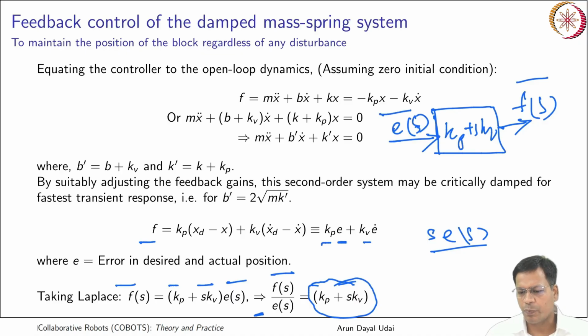Input is the error, output is the force signal, and this is your transfer function for the controller. From now on we'll call it the controller. So this is what your controller is. We'll get into more details of this. We'll make this controller even more advanced now.